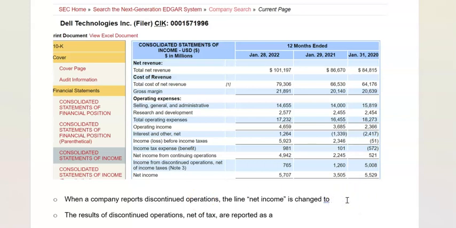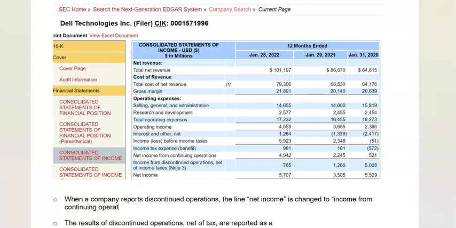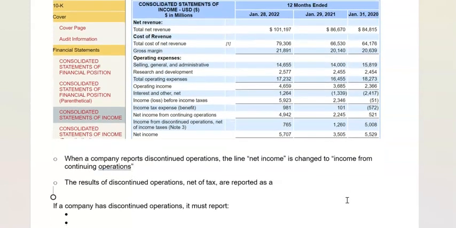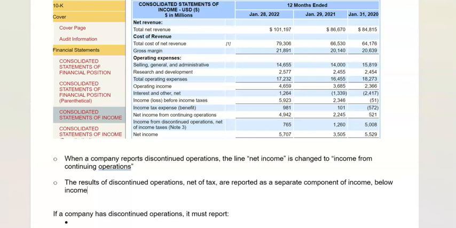When a company reports discontinued operations, the line net income is changed to income from continuing operations. The results of discontinued operations, net of tax, are reported as a separate component of net income, below income from continuing operations.